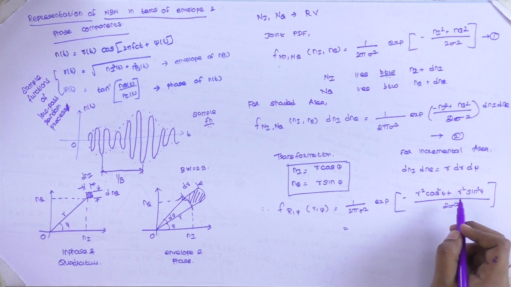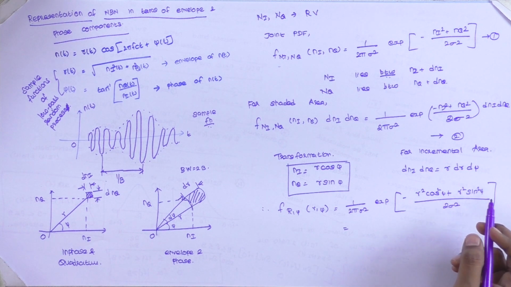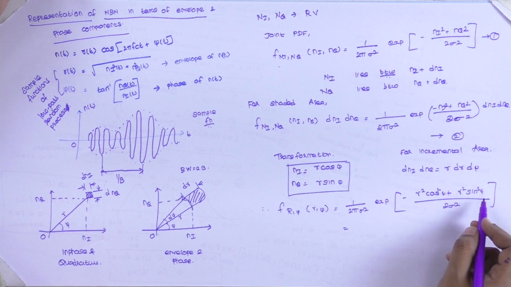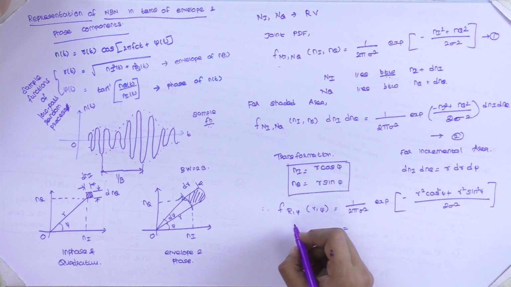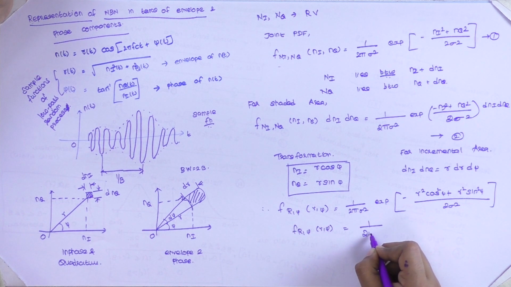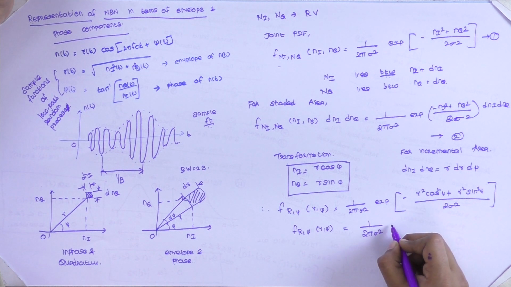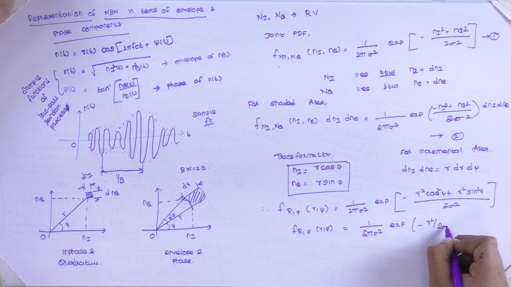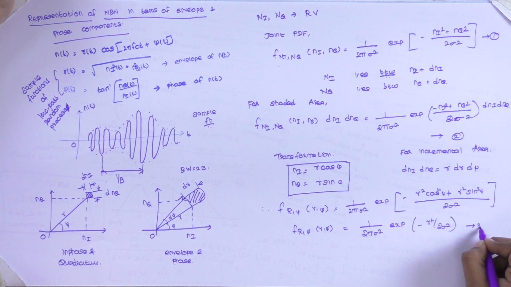We can take r² outside, and cos²ψ + sin²ψ is equal to 1, since by the trigonometric identity cos²θ + sin²θ = 1. Therefore, this equation can be reduced to 1/(2πσ²) exponential of minus r² divided by 2σ². This is our equation number 3.